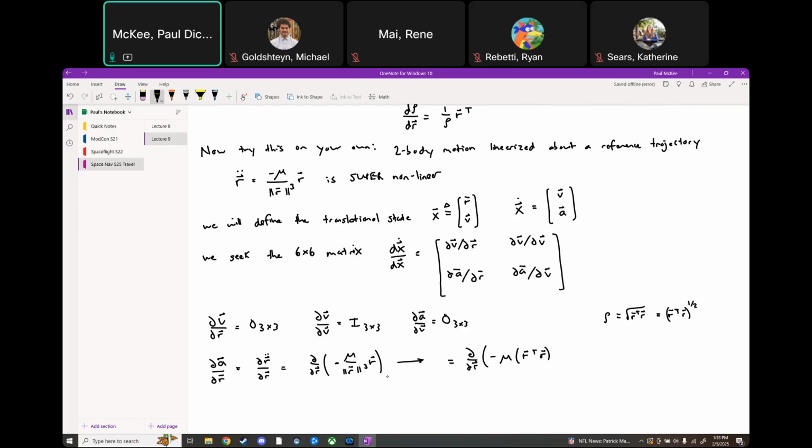Similarly, 1 over rho would be r transpose r to the negative 1/2. So what we're looking at is 1 over rho cubed, which is r transpose r to the negative 3 over 2. So that's why I'm about to put a negative 3 over 2 as our exponent here. Hopefully that makes sense.